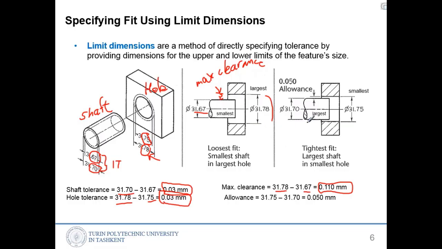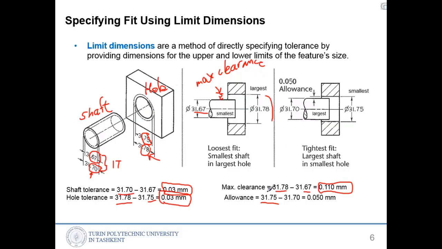Okay, so distance inside. And the allowance: we call allowance the difference between the smallest hole and the largest shaft. Smallest hole is here 75, 31.75, minus the larger shaft. Larger shaft is 70 here.